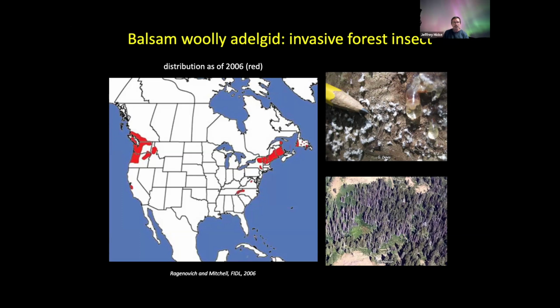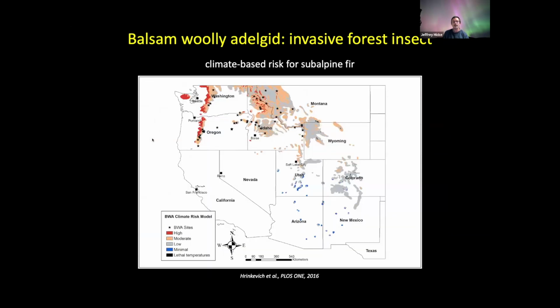It attacks all size classes, and like the defoliator I just mentioned, doesn't necessarily cause mortality, but can when infestations are severe enough. And there's a lot of concern about the expansion of balsam woolly adelgid into subalpine fir forests in the western US.